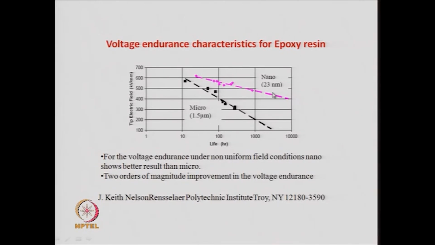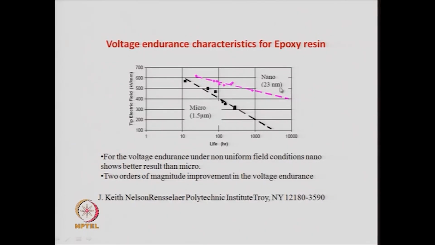whereas if you have very small particles, say 23 nanometers, these nano sized particles, when they are embedded in the same epoxy resin, the electric field strength is always much higher than the values when micron sized particles are present.